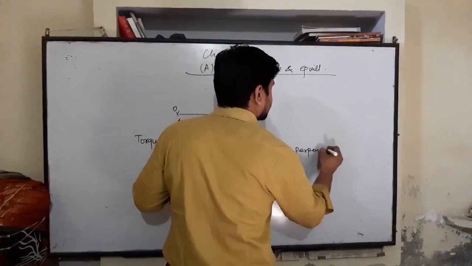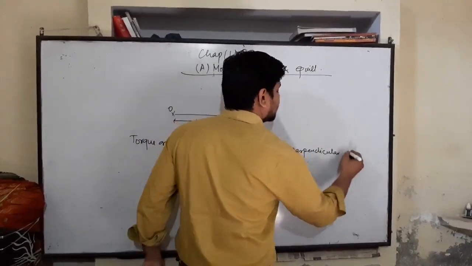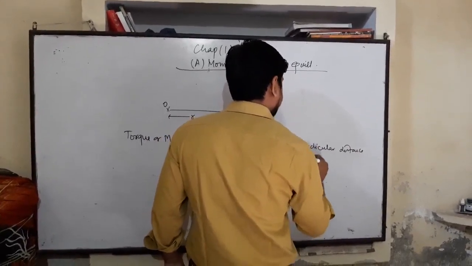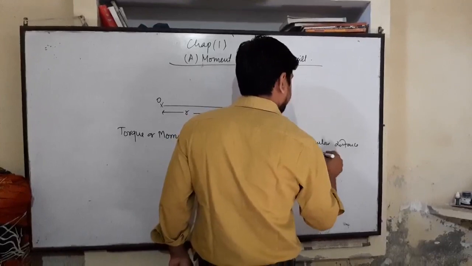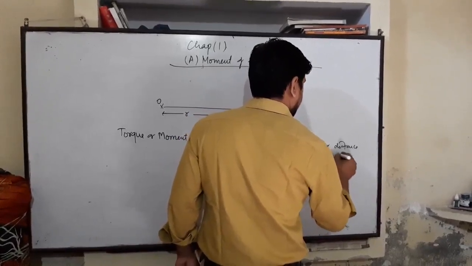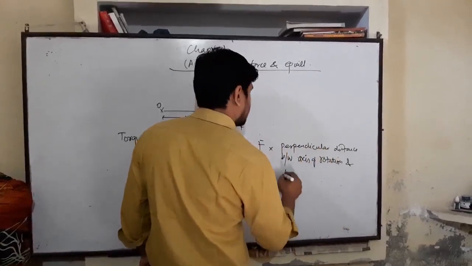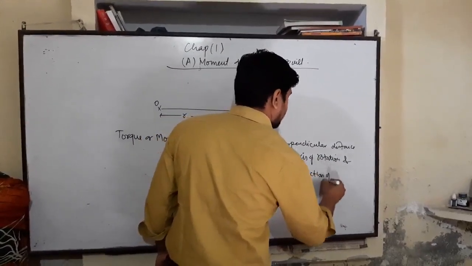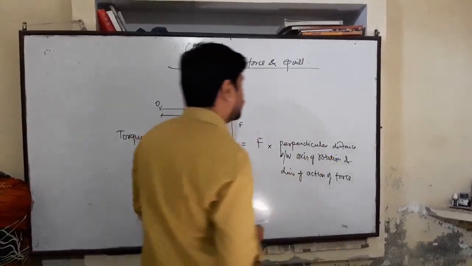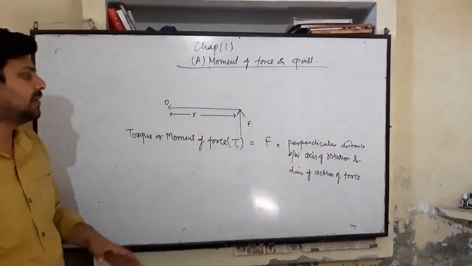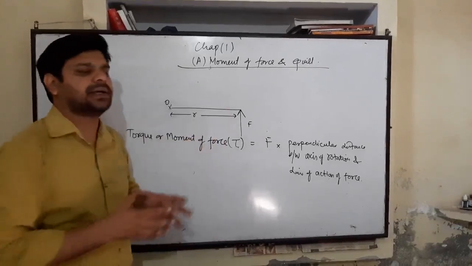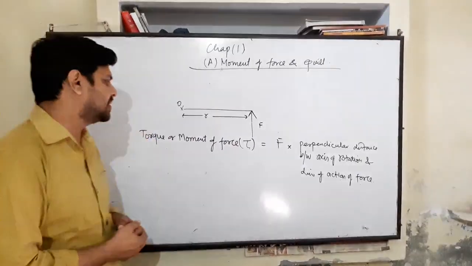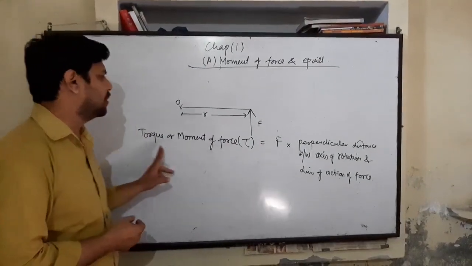This distance is the perpendicular distance between the axis of rotation and the line of action of force. So the combined effect of force and this perpendicular distance is represented by another physical quantity, called moment of force or torque.